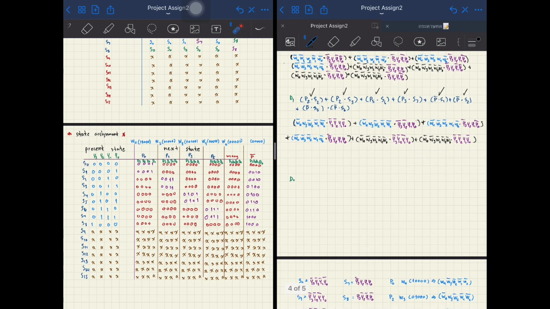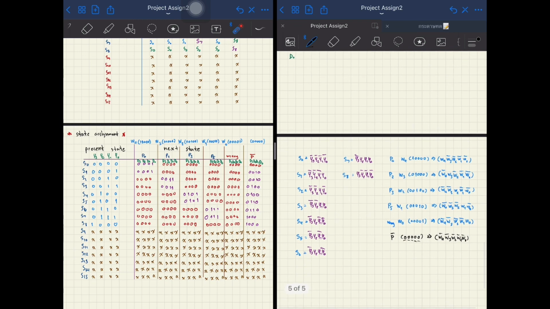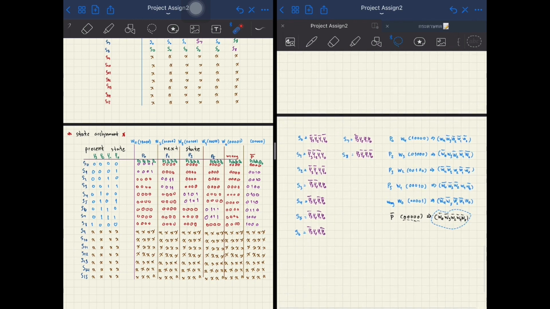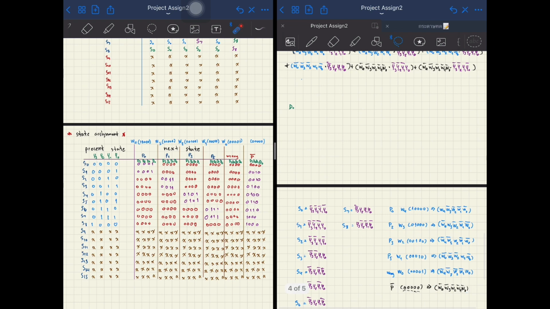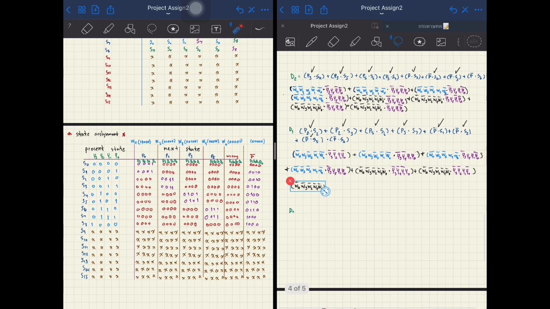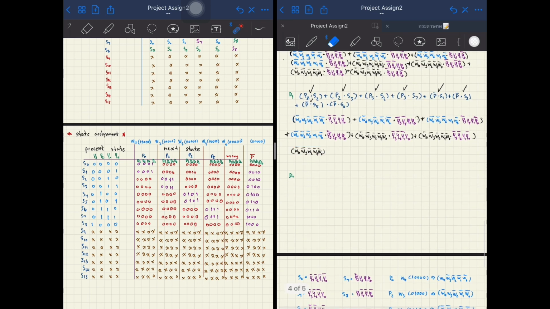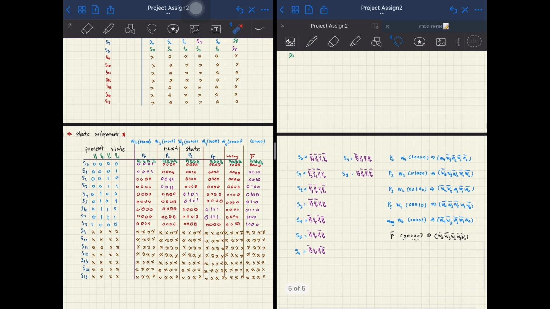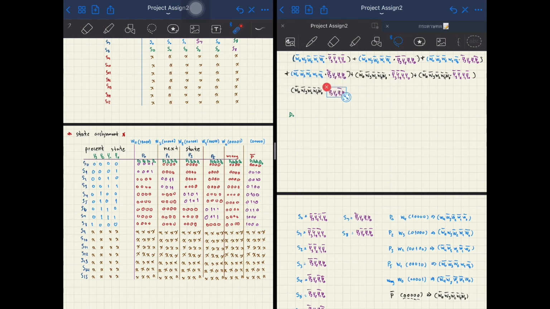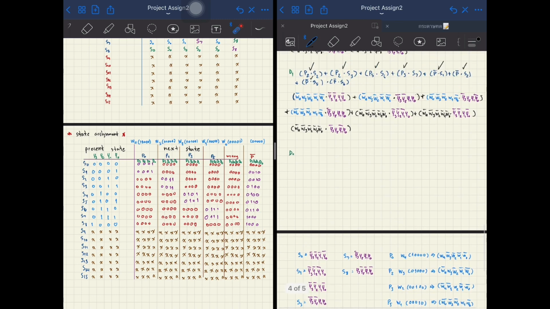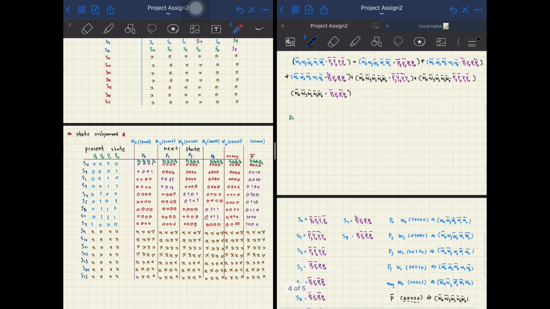Next one is P bar and with state 5. P bar is here and with state 5, state 5, this state 5, okay. And the last term P bar and with state 6.